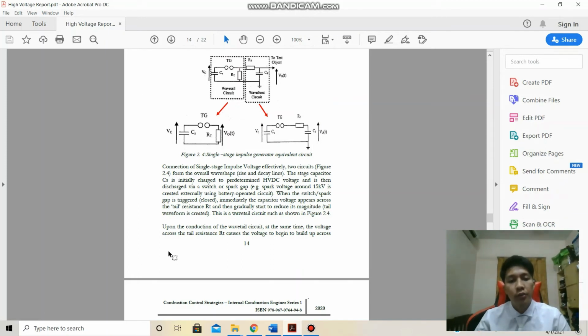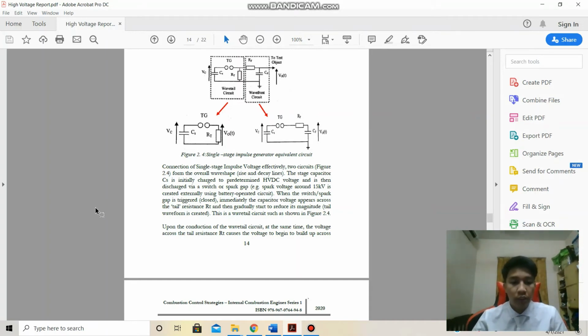From the overall wave shape, rise and decay, the stage capacitor is initially charged to a high direct current voltage and is discharged via a switch or spark gap. For example, a spark voltage around 50 kV is created externally using a battery operated circuit.